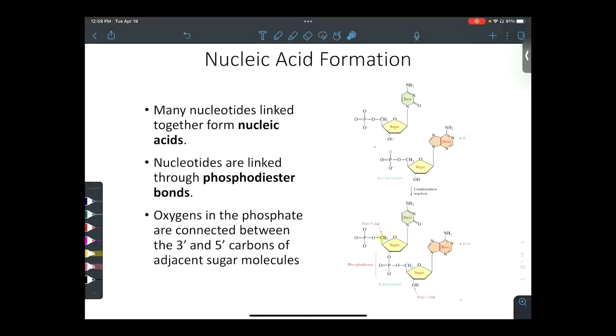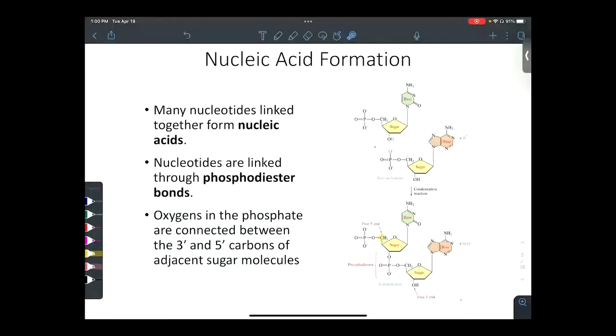The type of bond that is made is called a phosphodiester bond. Kind of like when we talked about building amino acids, we made peptide bonds. When we built sugars, we made glycosidic bonds. So here, when we talk about nucleic acids, we are using phosphodiester bonds, but really it's just a condensation reaction.